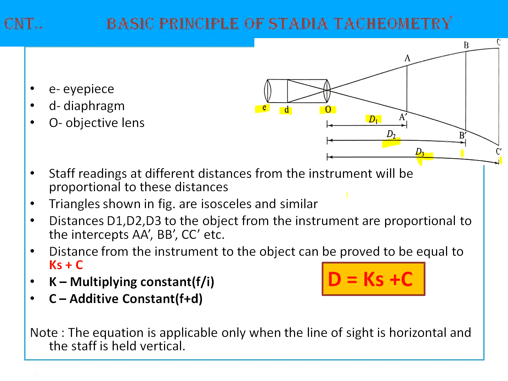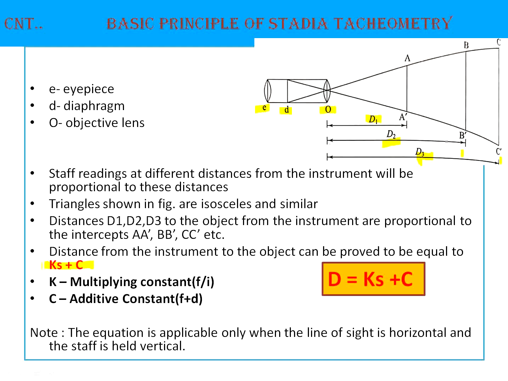The staff readings at different distances from the instrument will be proportional to these distances, A dash, B dash and C dash. Okay, so all these are proportional to each other. These triangles will be isosceles and similar, and by solving all the similar triangles we can obtain the basic equation of stadia tachometry.